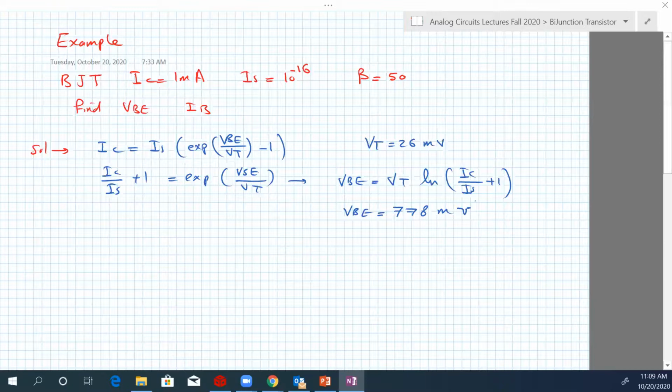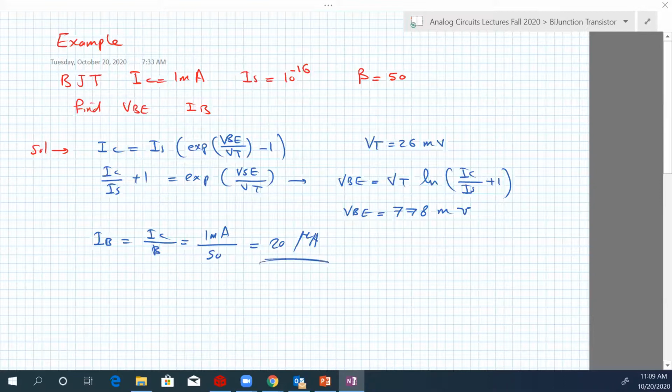And this was expectable, because we know that the junction usually has a voltage around 0.7. Beta is equal to 50, so we know that IB is equal to IC over beta. So IC is 1 milliamp divided by 50. This will give you 20 microamperes.